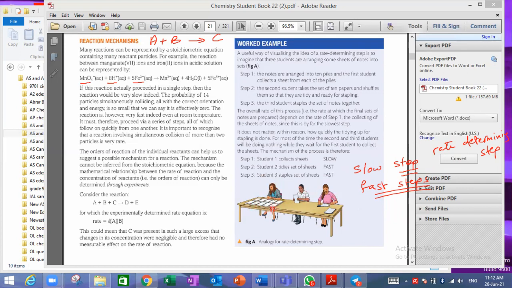She's going to take a paper from the first pile, another paper from the second, a third, a fourth, a fifth, and so on, and collect these 10 papers together, then hand them to the next student, who's going only to arrange the papers so that they become neat, and then give it to the third student that is going to staple the papers together.